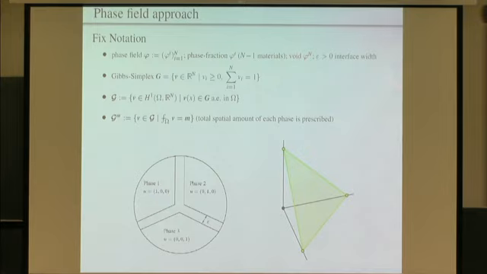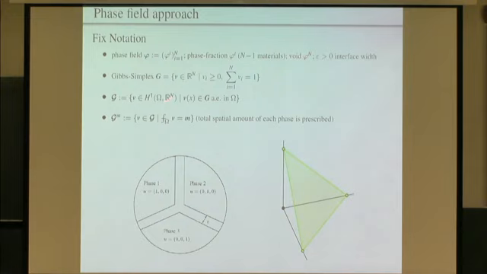And we have this epsilon parameter which relates to the interface between these different materials and between the materials and the void. We have a Gibbs simplex, so because we've got this phase fraction of each material, we want our phi_i to be greater than or equal to 0, and we want the sum to be equal to 1. So this is our Gibbs simplex.